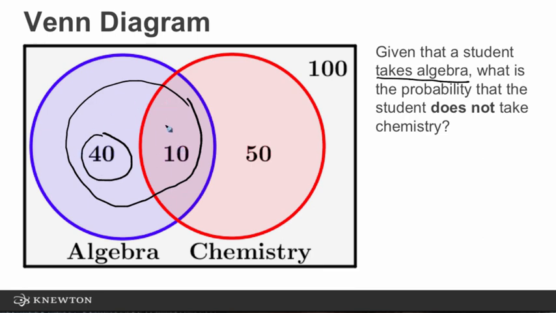So it's these 40 out of the 50 who take algebra. So the final answer is going to be 40 out of 40 plus 10, the total number of students in the algebra circle, which is 40 out of 50.